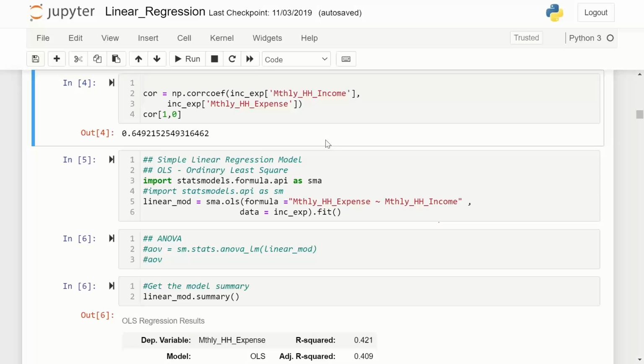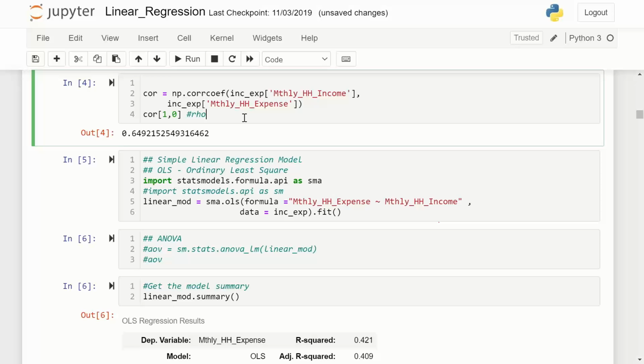I have not touched upon this. What is this 0.64? This 0.64 is correlation. Correlation is represented by the Greek symbol rho, which in English we pronounce as rho.